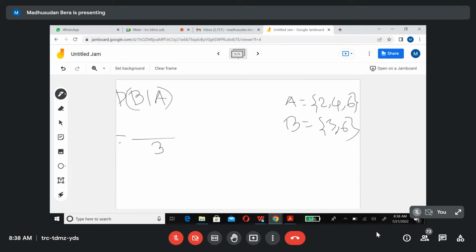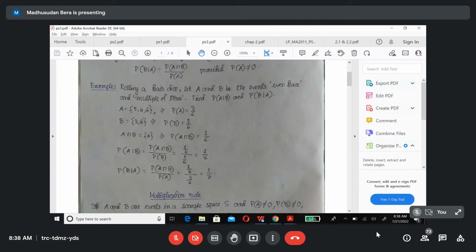Inside A how many elements of B are there? Only one element. That's why probability is 1 by 3. So P of B given A is 1 by 3. That way you can think also. So conditional probability is clear? Yes, sir.